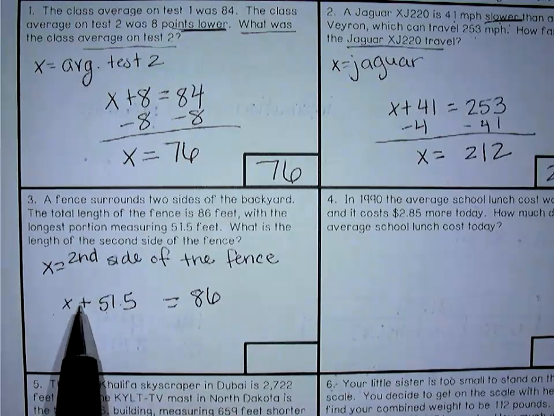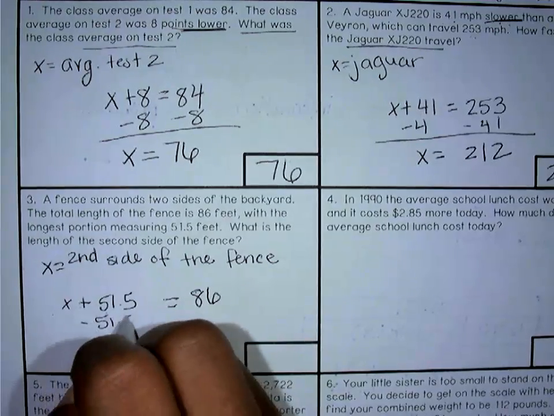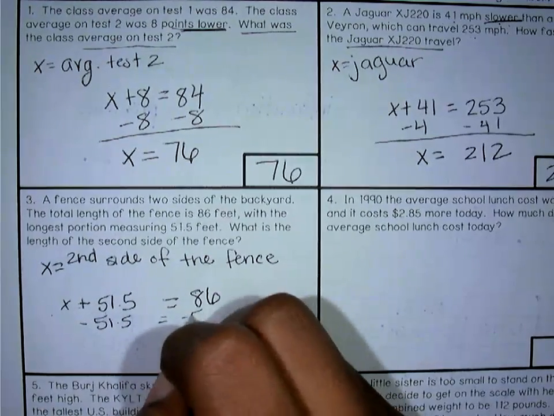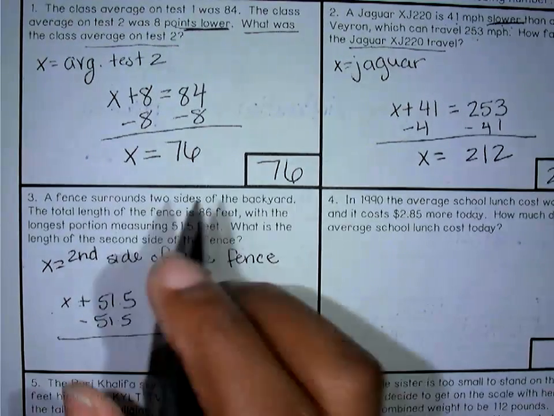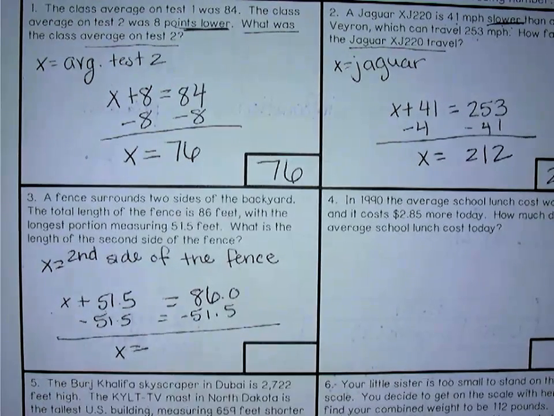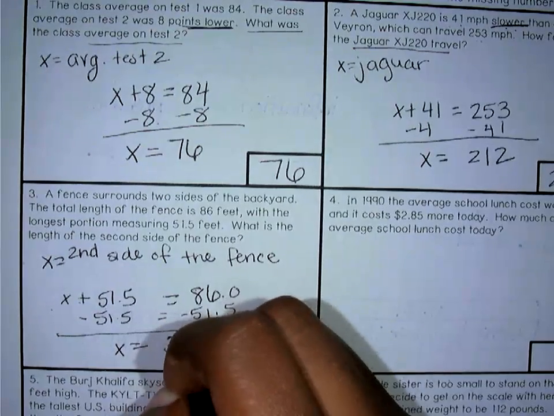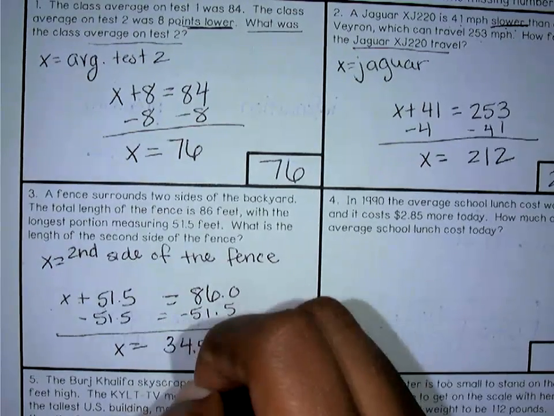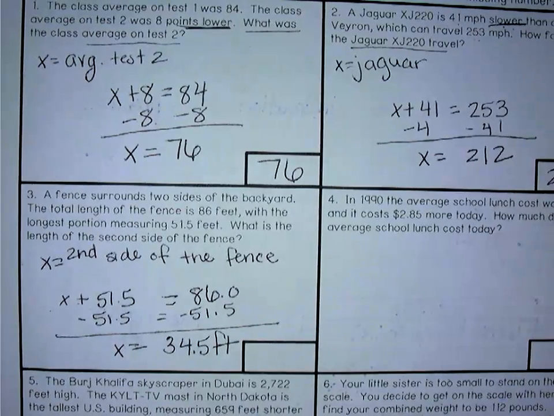You know, if you're adding 51.5, you're subtracting 51.5. Remember, that's like an imaginary zero over there. x is by itself, and when you have that by itself, you get the total of 34.5 feet, and that 212 was miles per hour up here.